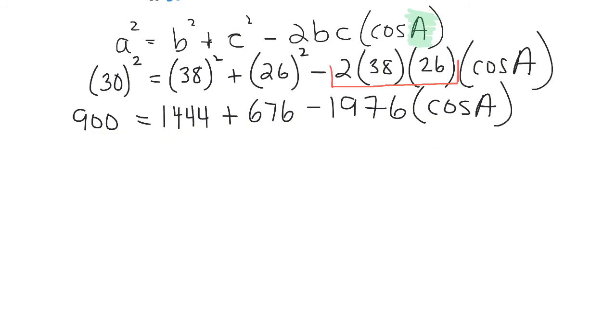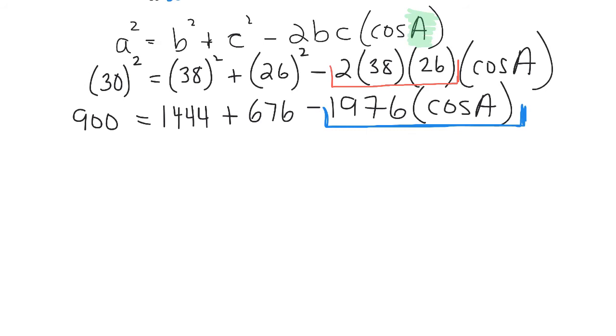The next thing I want to do is collect any like terms. Where students sometimes make mistakes when we get to this portion of the solution is they forget that the 1976 is attached to the cosine A. So you cannot touch this 1976 because it is attached to your unknown variable.